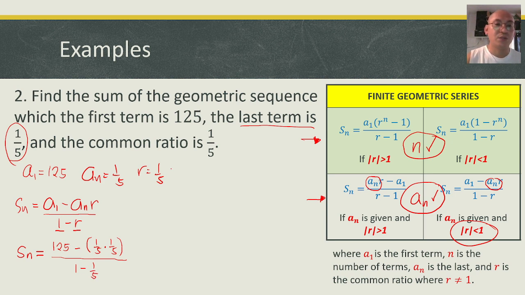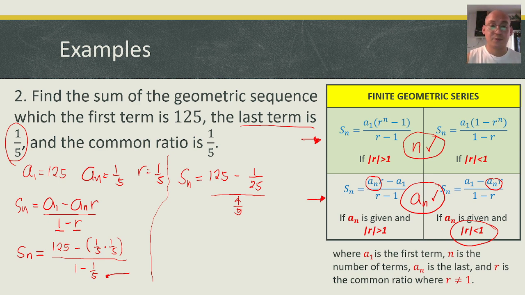To continue, we have here the series of n terms is equal to 125 minus 1 over 25, as the product of 1/5 and 1/5, divided by 1 minus 1/5, that will give us 4/5.